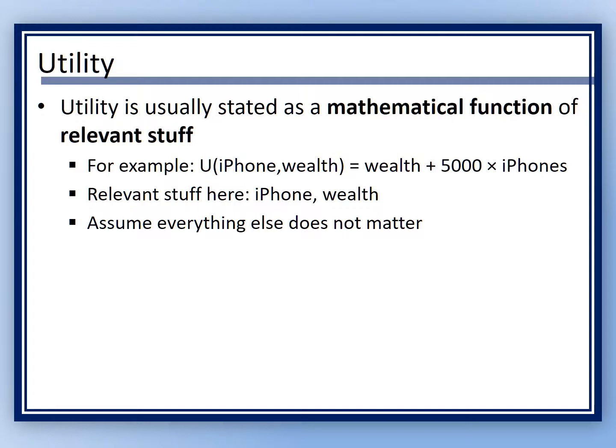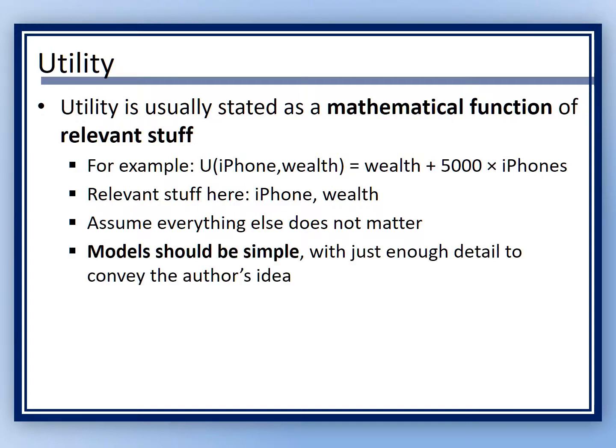We think that these are the relevant factors. In economics, models are meant to be simple. This is the idea that I always want to reiterate because economic models are not meant for making predictions per se. Economic models are meant to explain what people do. Right?